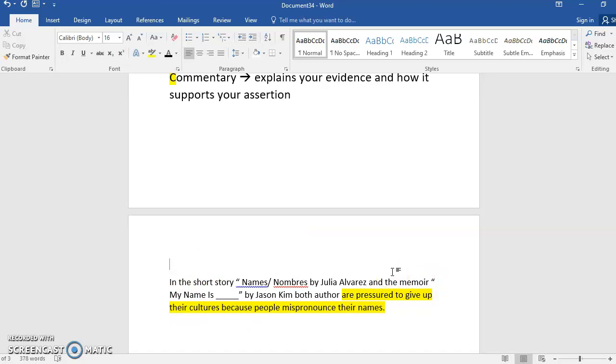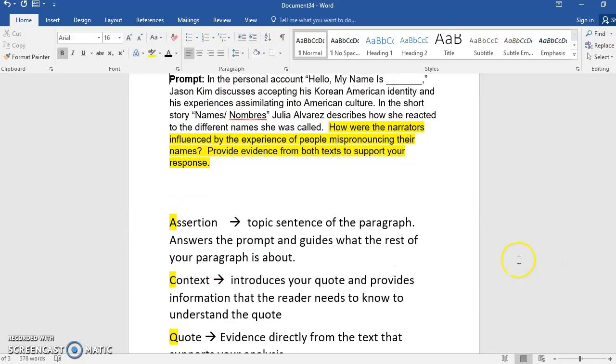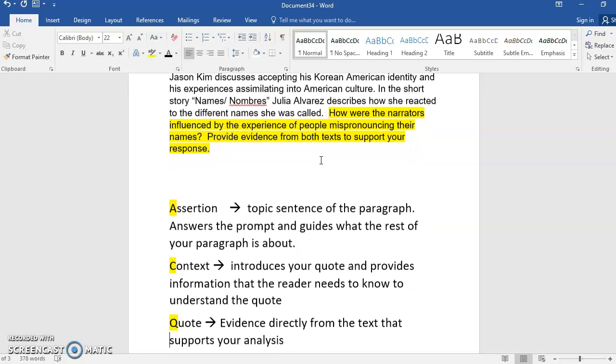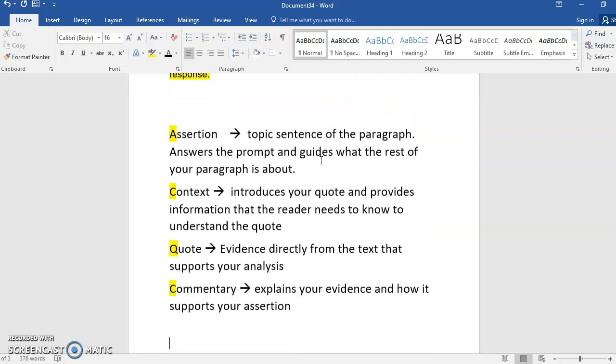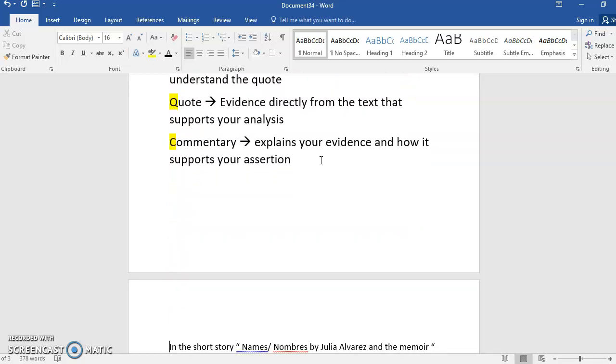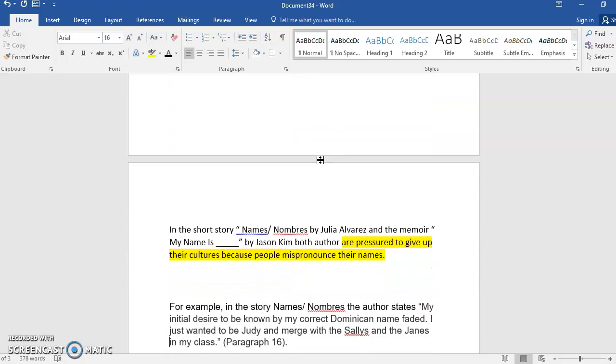Okay, so the second part of the prompt said that we need to provide evidence from both texts to support our responses. So I'm only going to provide evidence from one because this is just a model, but you need to find from both, okay? So in my example, okay, so here is my evidence.